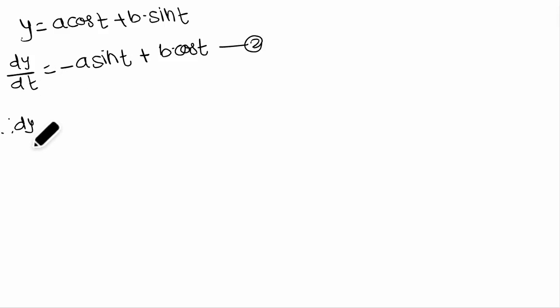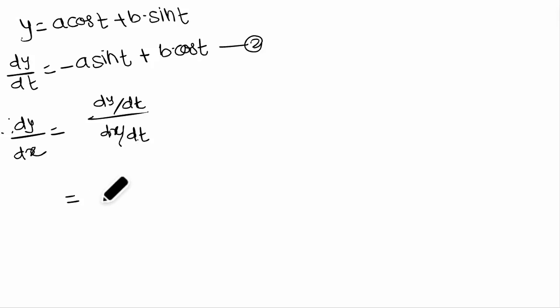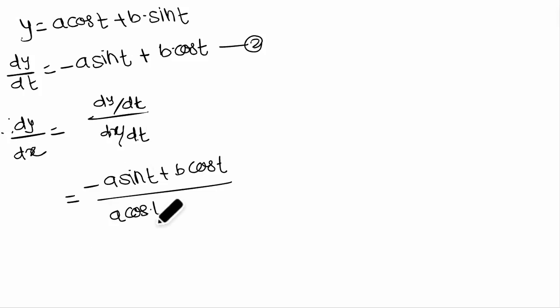We know the value of dy by dx will be dy by dt upon dx by dt. So just substitute the values. It becomes minus a sin t plus b cos t whole divided by the x value, which is a cos t plus b sin t. So this is the value of dy by dx.